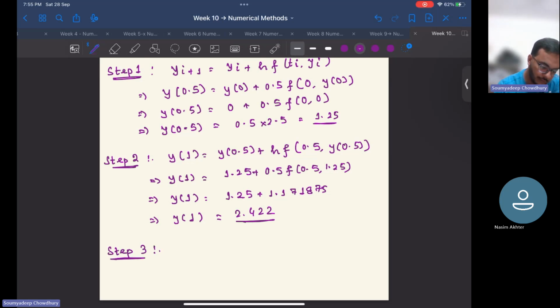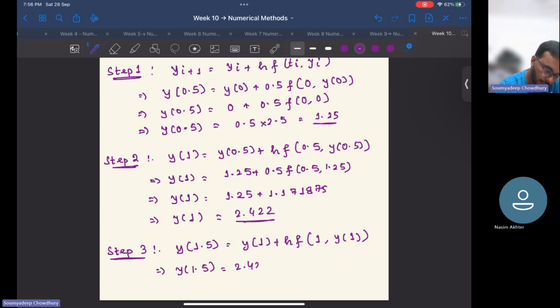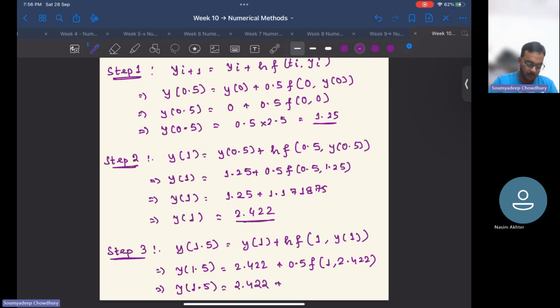Now if you go to the third step, y of 1.5. What will be y of 1.5? It will be y of 1 plus h f of 1, comma y of 1, right? So y of 1.5 is, y of 1 is 2.422, plus 0.5 times f of 1 comma 2.422.